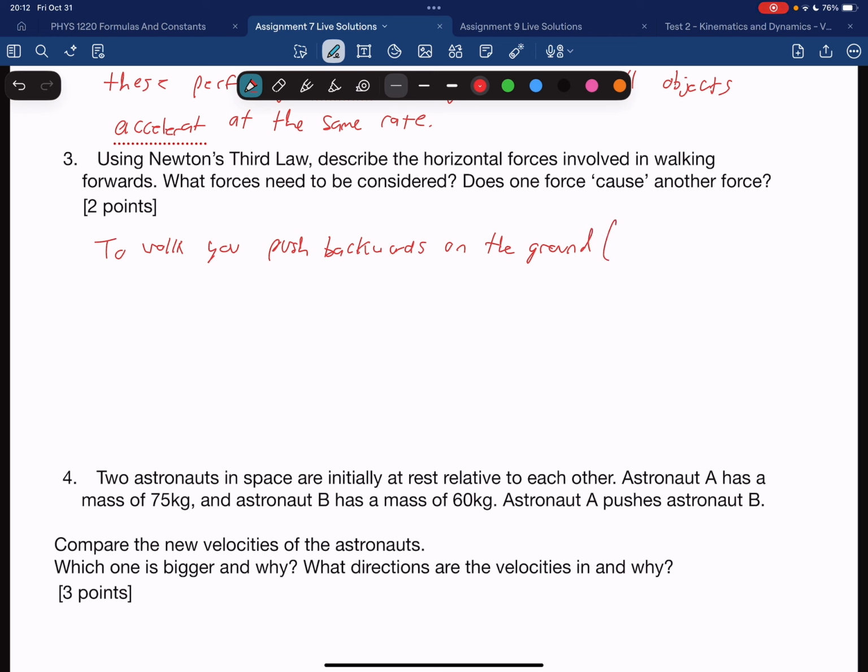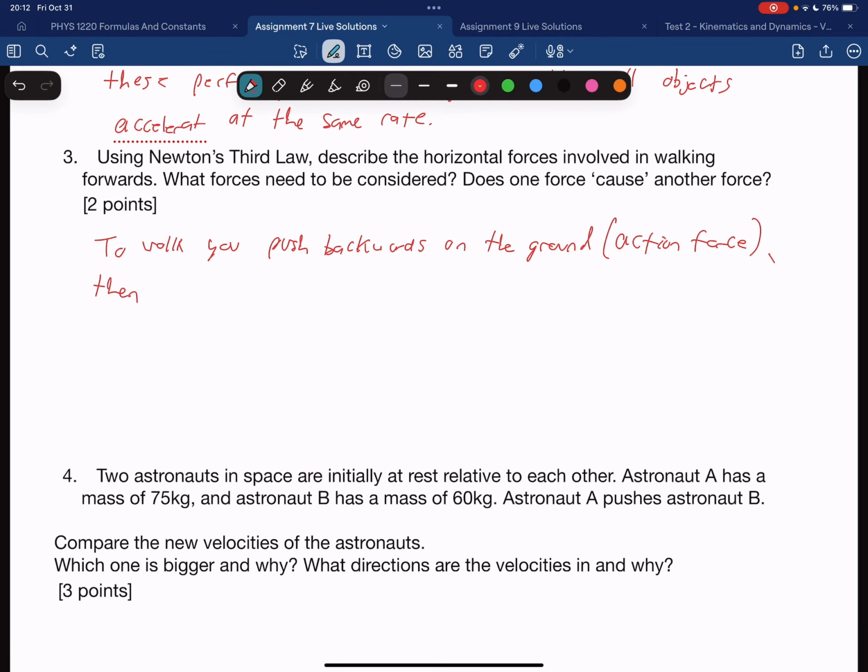And this is an action force. Then the ground pushes forwards, so the opposite direction, on you with friction.